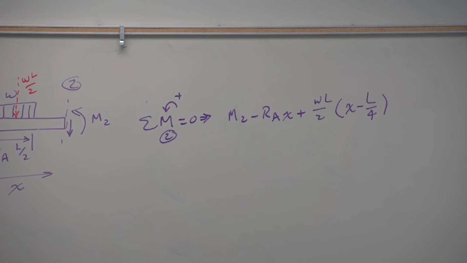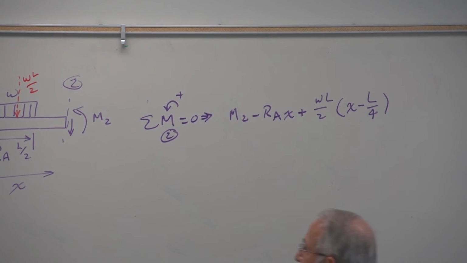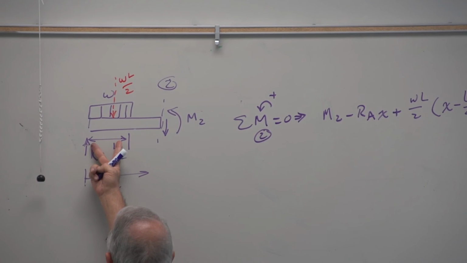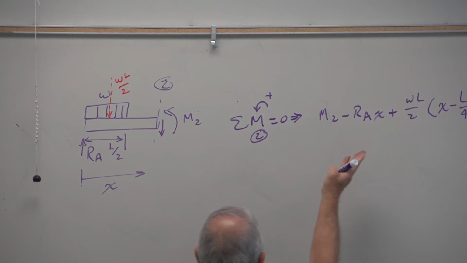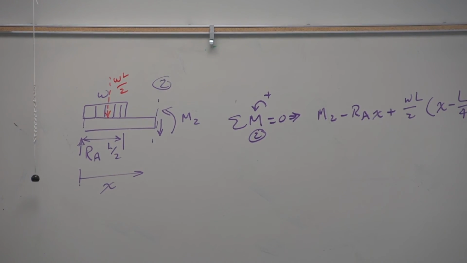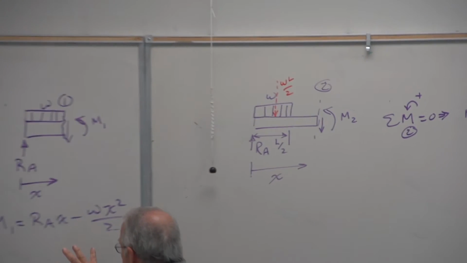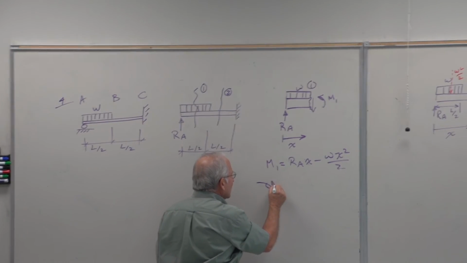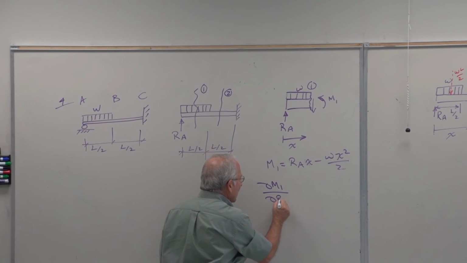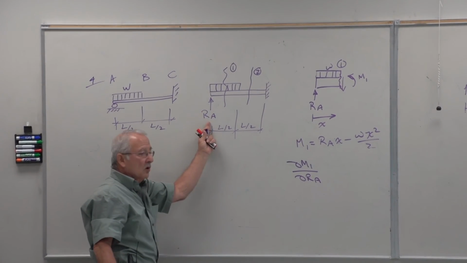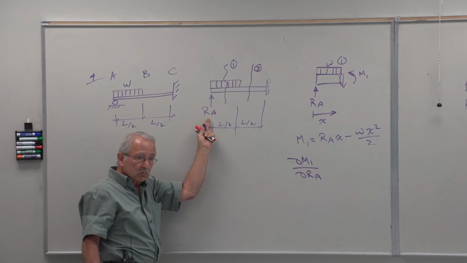Everybody clear on this? Just an equilibrium equation, nothing major. The distance from here to here is x minus half of that. That's L over 2. Half of that is L over 4. Take the partials right here, right after you find the moments. So partial of M1 with respect to RA. Remember what we want to do. We want to find the deflection at this point as though our reaction were an actually applied load.